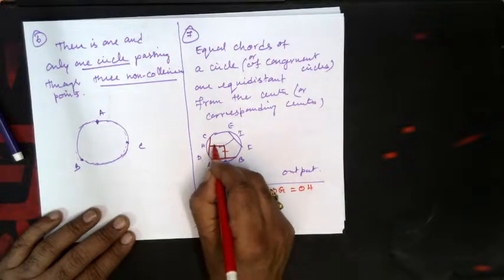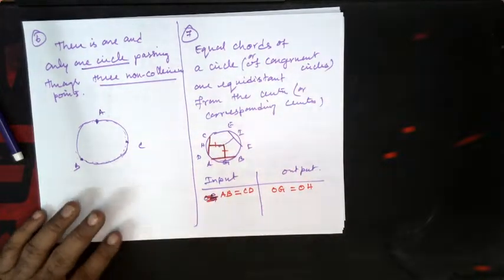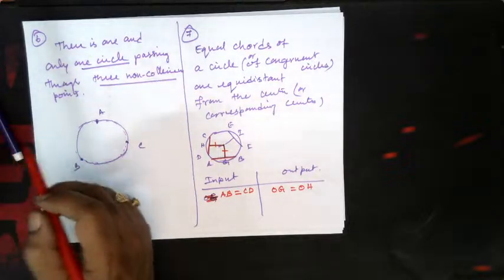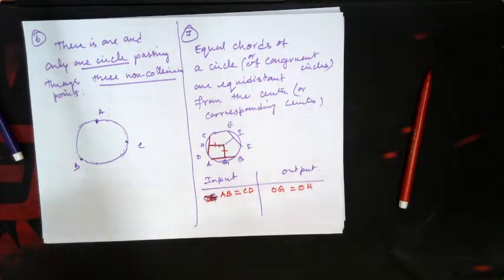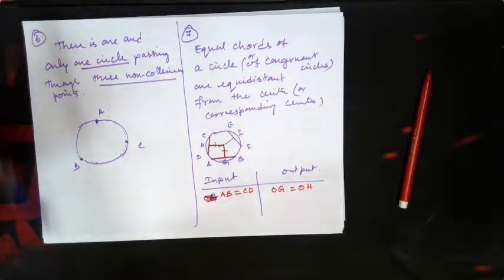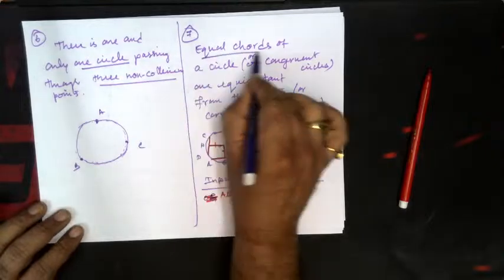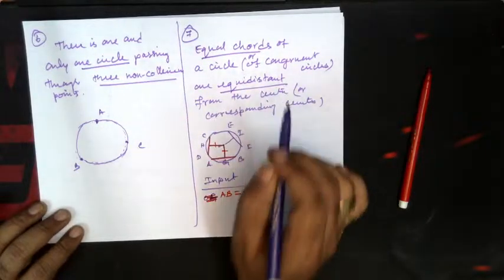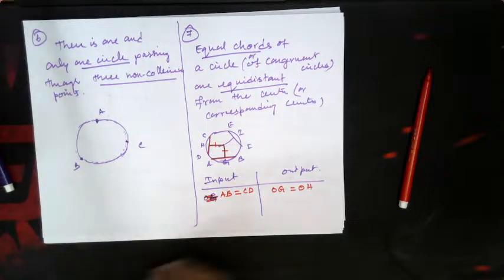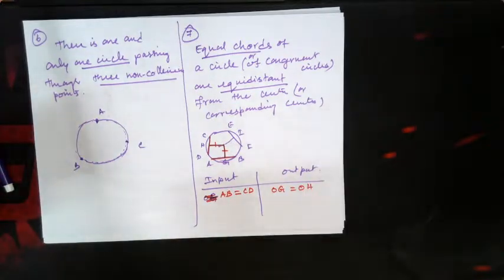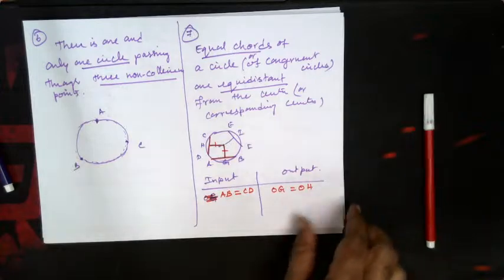These two are equal. Are you able to follow? You can remember this in a symbolic way also. So what are the key points here? Equal chords, equidistance, that's all. Right? Now let me move to the next point.